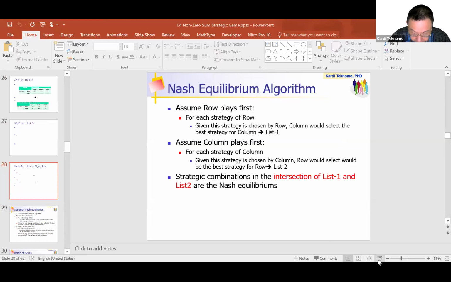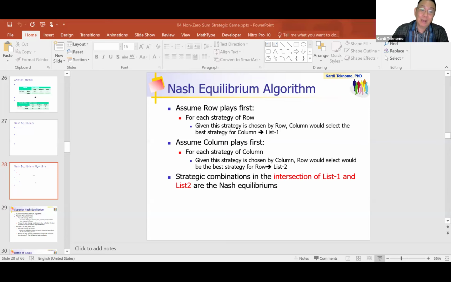Now for each strategy of the row, given that this strategy is chosen by the row, what will column choose? The column will select the best strategy for column, isn't it? So list this as list one.